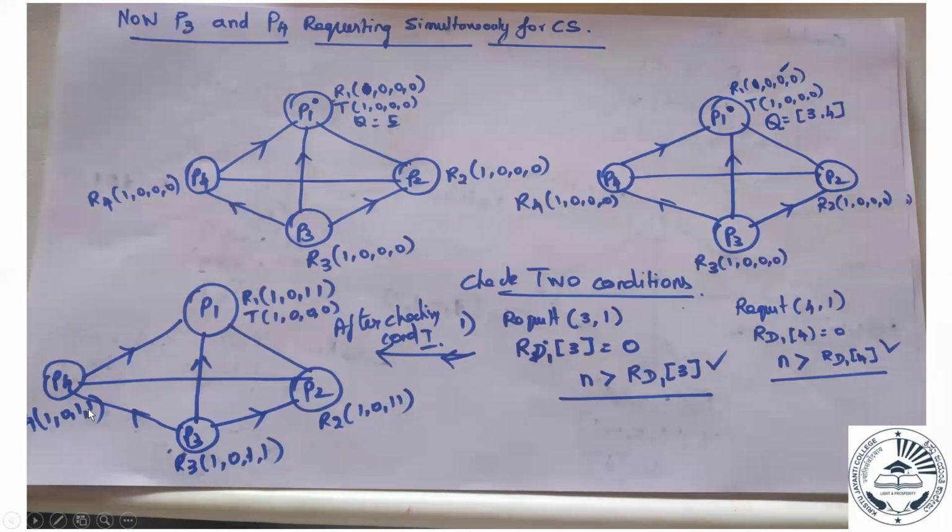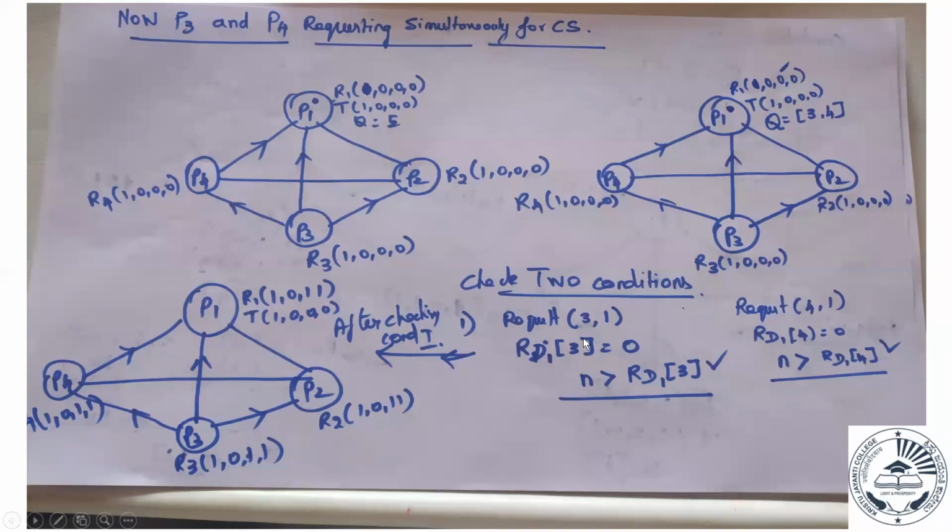So in all the three sites, the value is getting changed to 1, 1. So here you can see 1, 0, 1, 1, 1, 0, 1, 1, 1, 0, 1, 1, 1, 0, 1, 1. These are all the updates happening inside each and every site after checking this condition. One more condition we have to check.